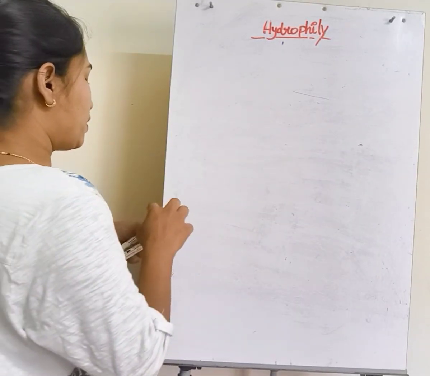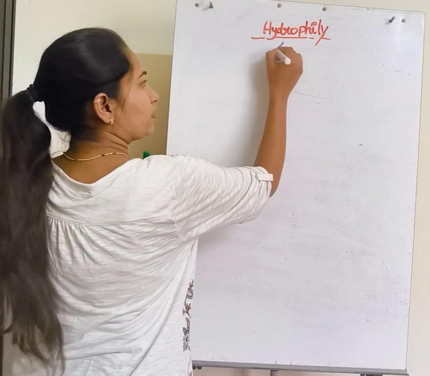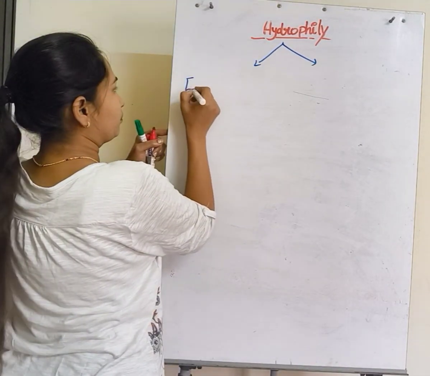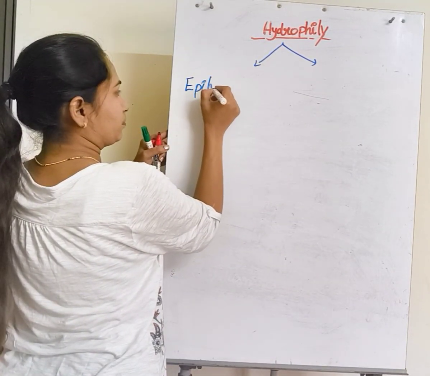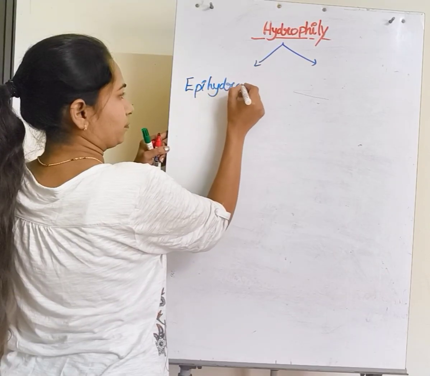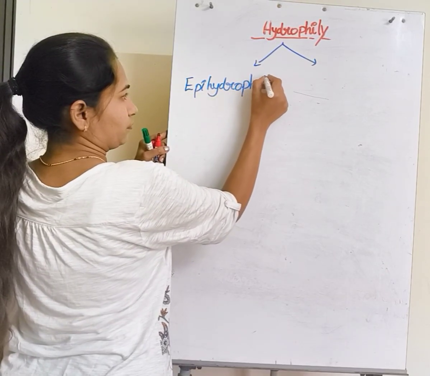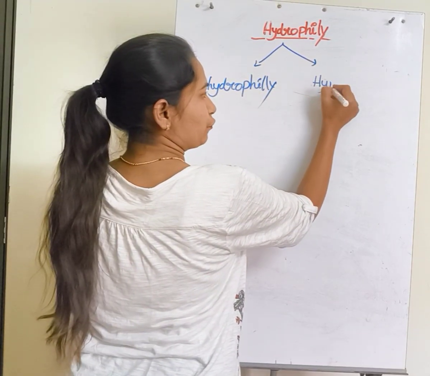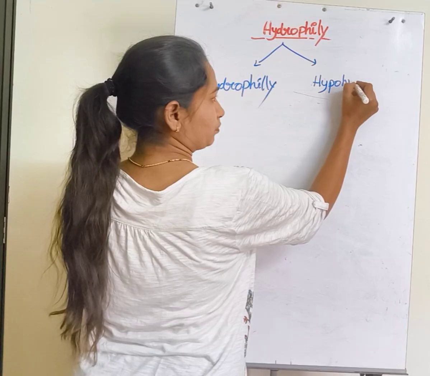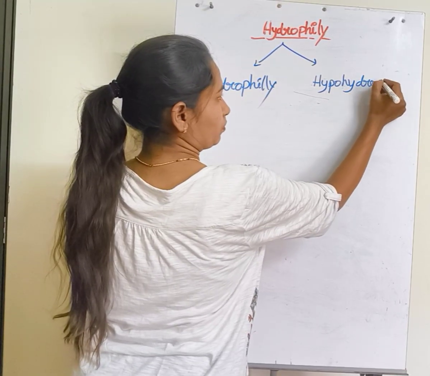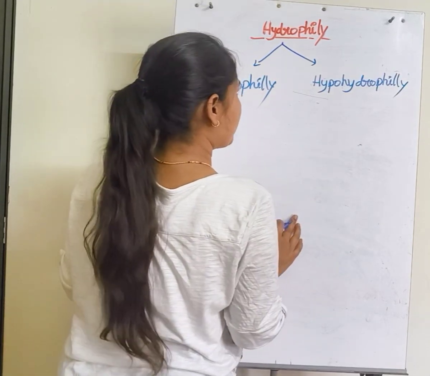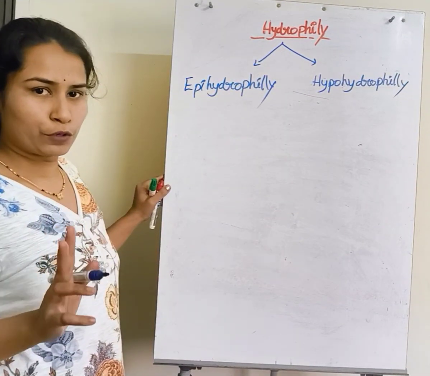Epihydrophily and hypohydrophily. Pollination by water takes place with the help of these two types.